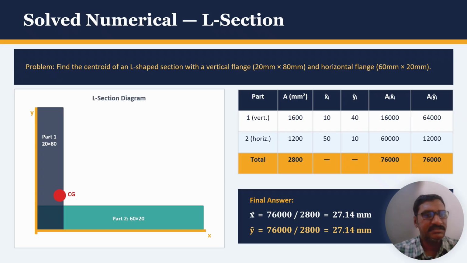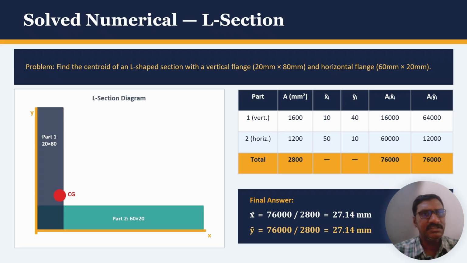So we get 27.14 mm, and also Y bar equals sigma Ai Y bar i divided by sigma Ai. So we will get 27.14. From this table, what we conclude is that the centroid of the L section is located at X bar equals 27.14 mm and Y bar equals 27.14 mm from the bottom left reference corner.